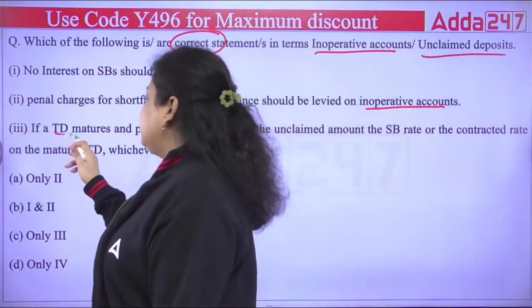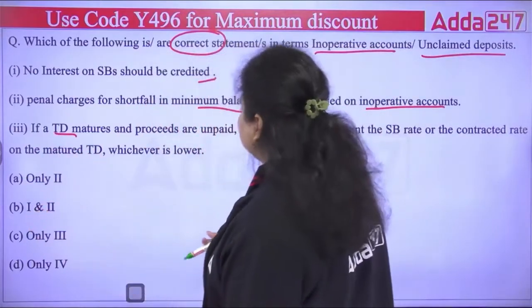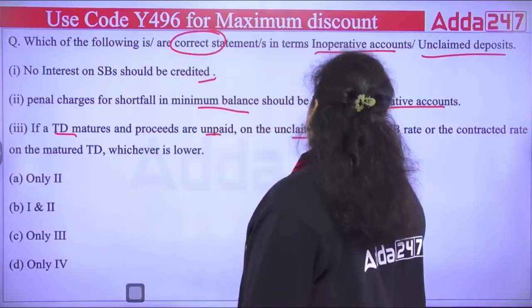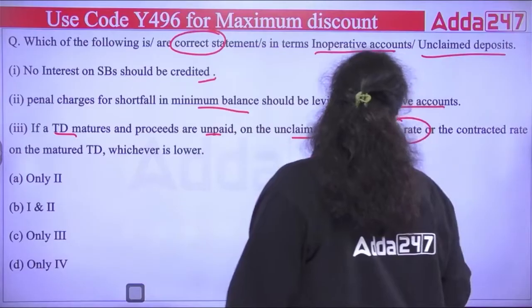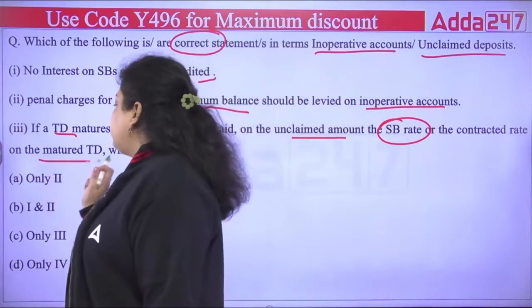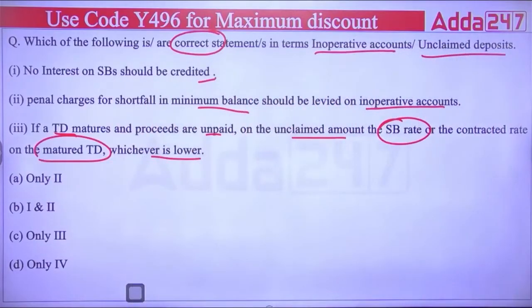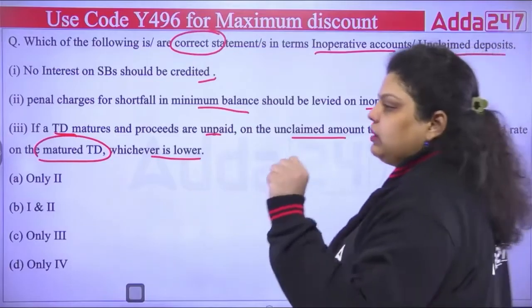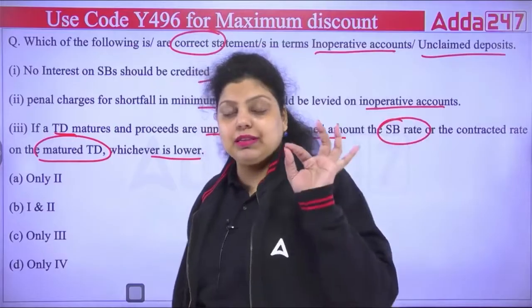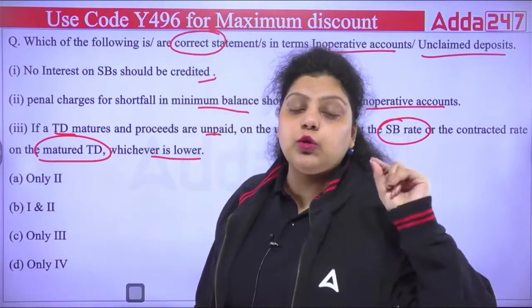If a term deposit, that is FD or RD, matures and proceeds are unpaid on the unclaimed account, the savings bank rate or the contracted rate on the matured term deposit, whichever is lower, will be paid. So you have to answer which of the following statements is correct about your inoperative account. See, if the customer is not coming to withdraw the money or not performing any transaction, but still you have to continue to pay the interest.